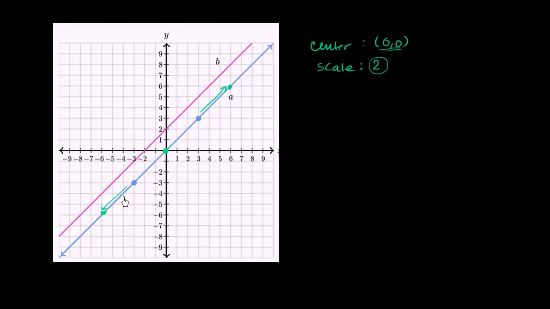So notice, when we picked a center of dilation that sits on the line, it really doesn't matter what scale factor we pick. We'll just essentially be stretching and shrinking the points along the same line. And since this line just keeps going on and on forever in both directions, it's really just going to map onto itself.